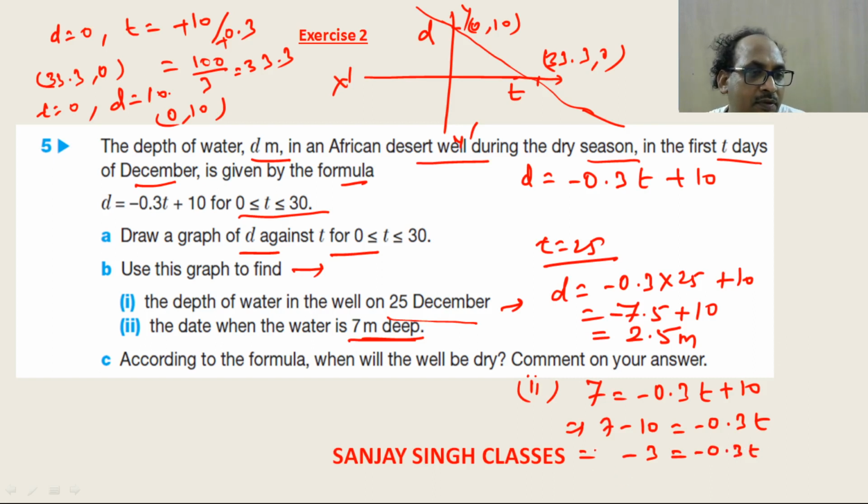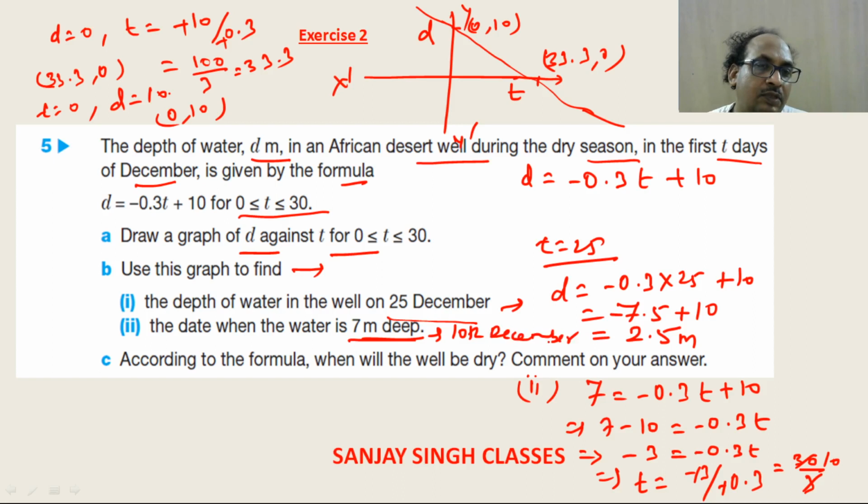Further, t is equal to minus 3 by minus 0.3, which is 30 by 3, so 10. So t is equal to 10 days. It means on 10th December the water will be 7 meters.